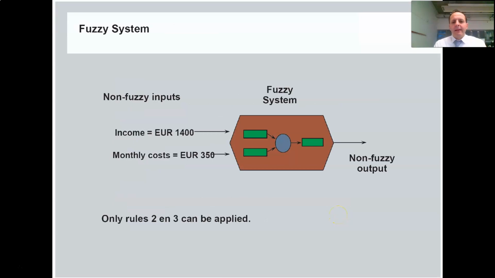And this fuzzy system is normally implemented as a system represented by this module. Of course, the inputs are non-fuzzy inputs, because normally you feed the system with the real income, which is represented by a value of the salary, and the monthly costs are represented the same way, with some value of money.